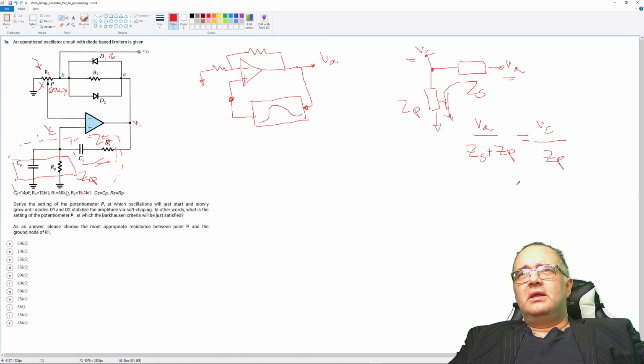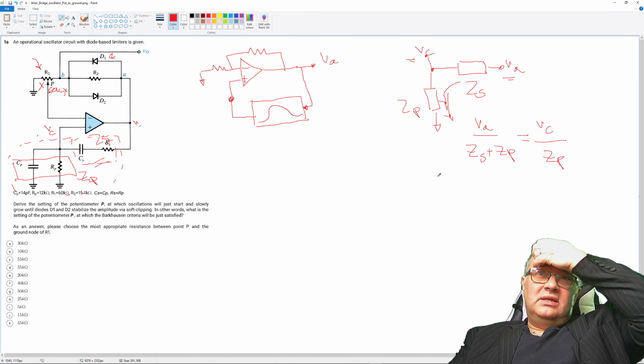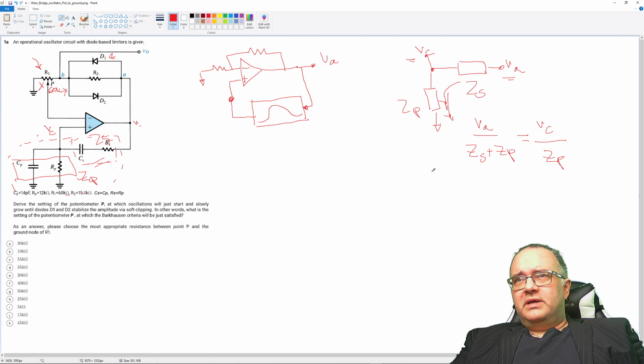All right, and now we are interested in the transfer of the bandpass filter, VC divided by VA, which is ZP divided by ZS plus ZP, or 1 divided by ZS divided by ZP plus 1.